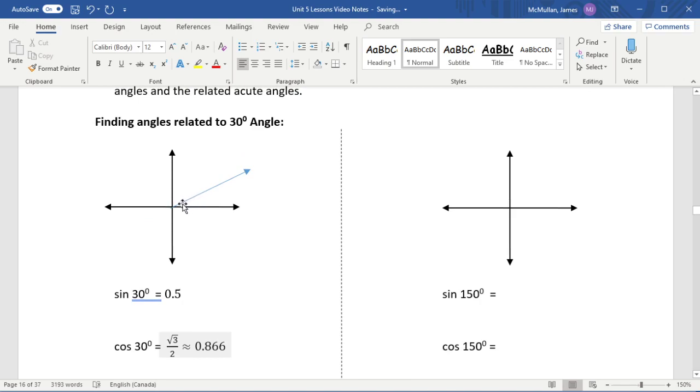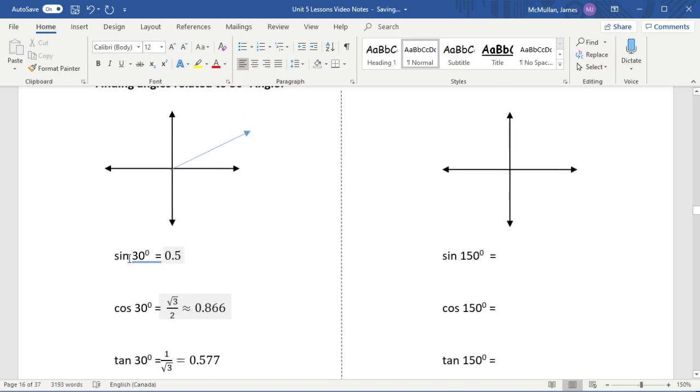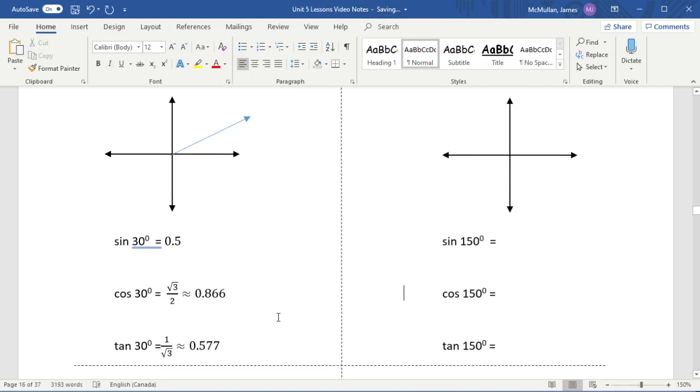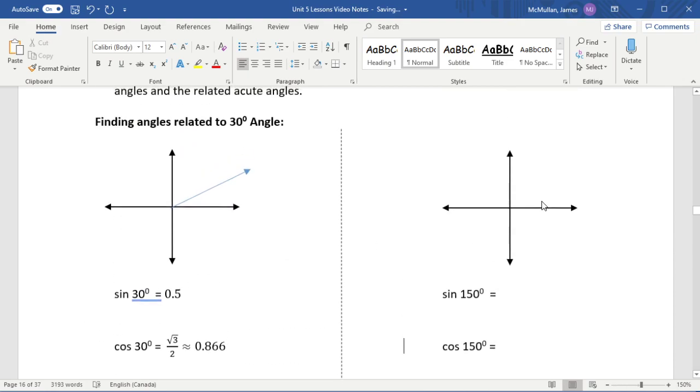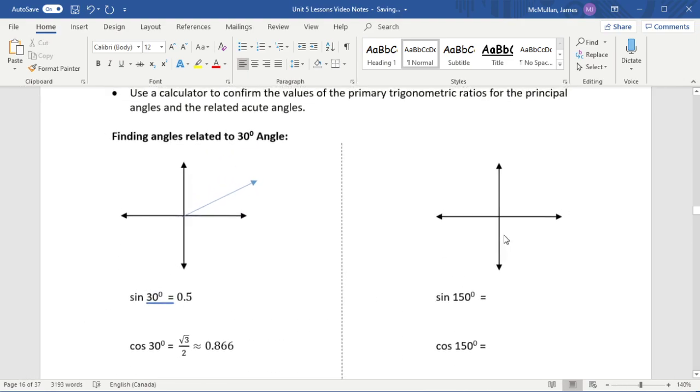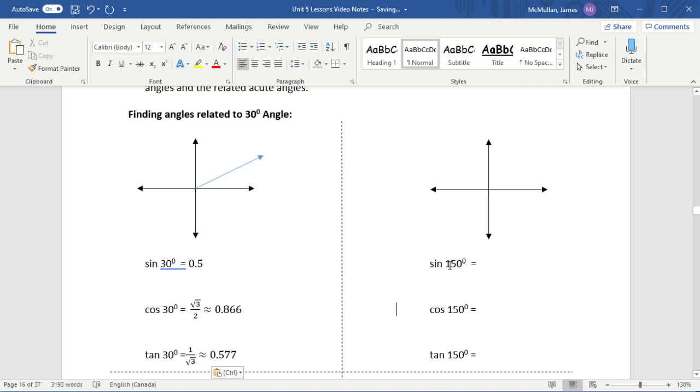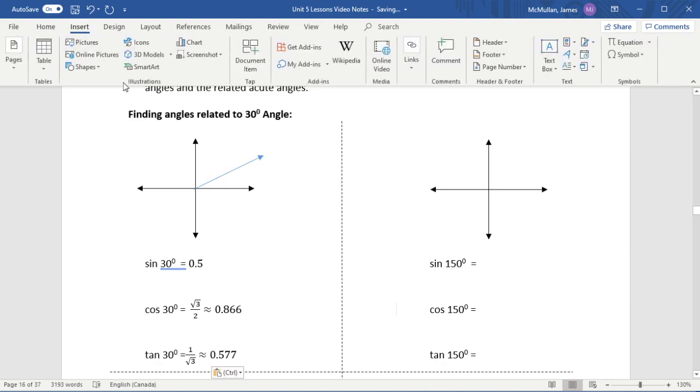If you draw an angle in the first quadrant of 30 degrees, you will find that the sine is 0.5, the cos is approximately 0.866, and the tan is approximately 0.577. That's all well and good. What does it have to do with what we're talking about? Let's see what the calculator is doing when we ask it to do sine, cos, and tan of 150.